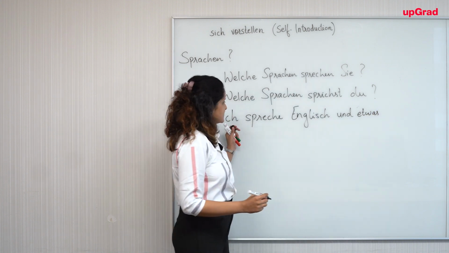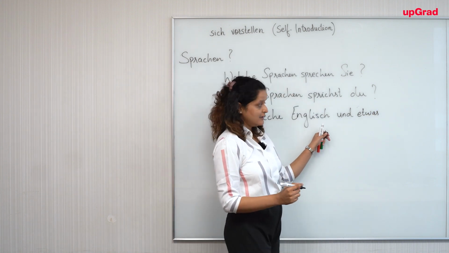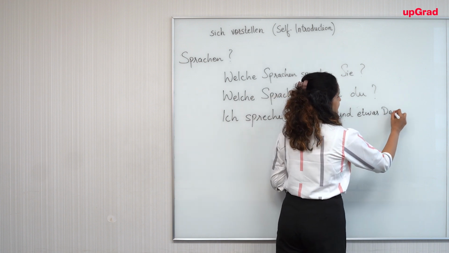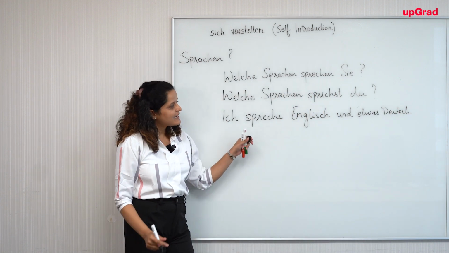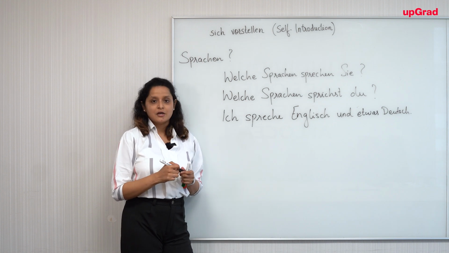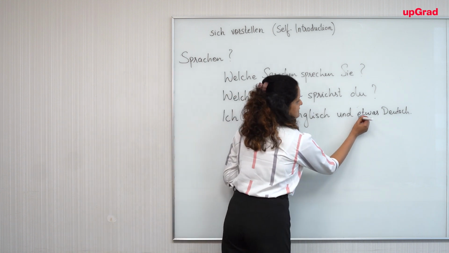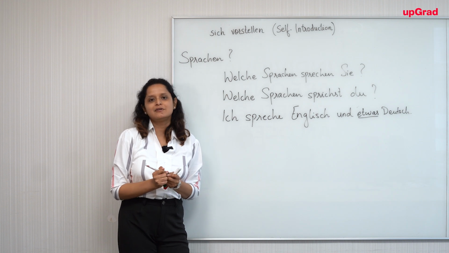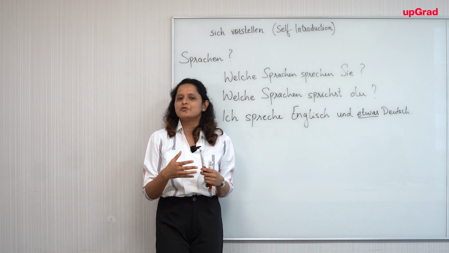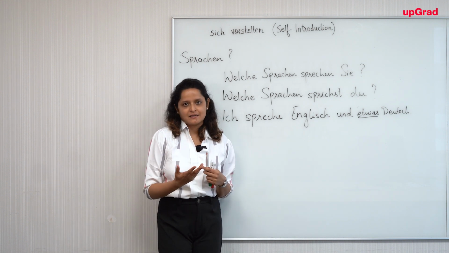So I can say, ich spreche Englisch und etwas Deutsch. What this means is, I talk a bit of Deutsch. So you can very well skip this if you don't need it, but you can use it if you feel like you need to indicate to the other person that yeah, you're a beginner and you're just starting out.